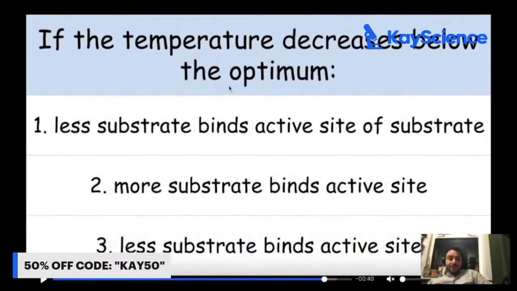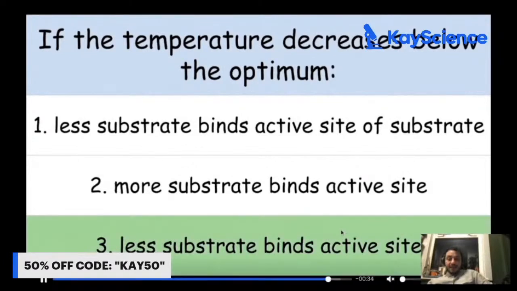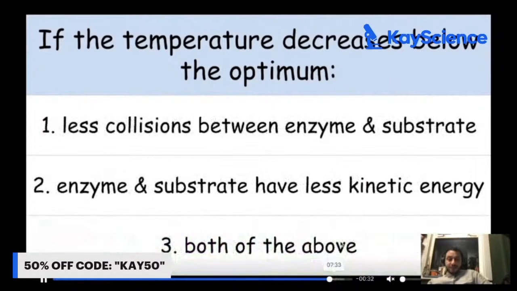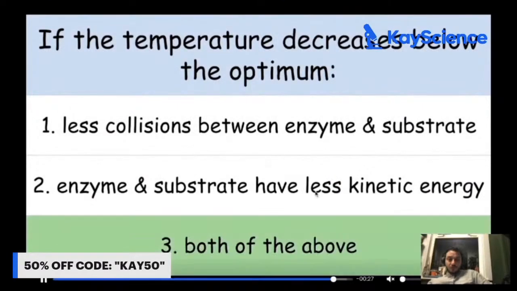If the temperature decreases below the optimum, less substrate binds the active site. And then the last question, I believe this will be both of the above.